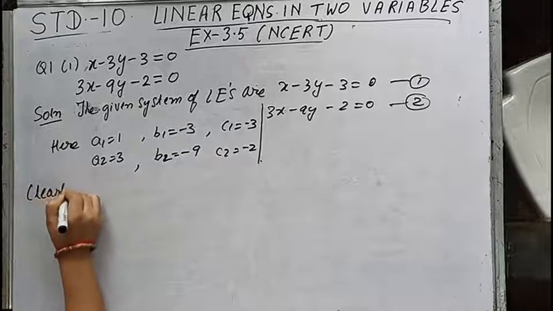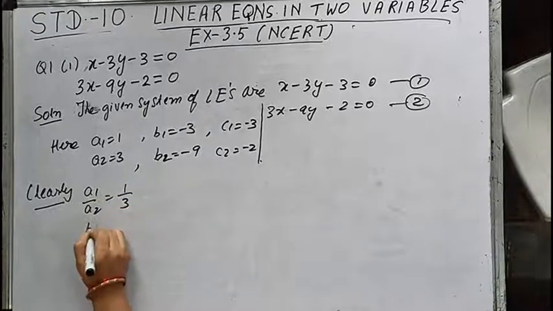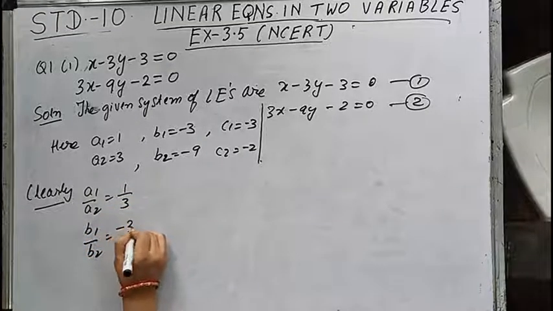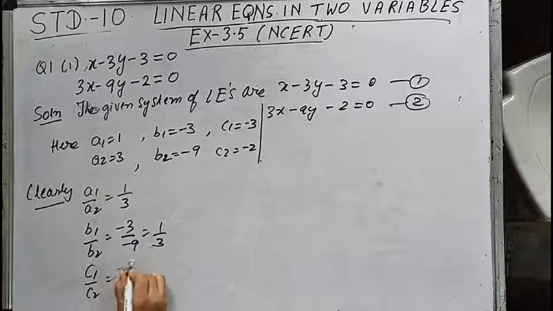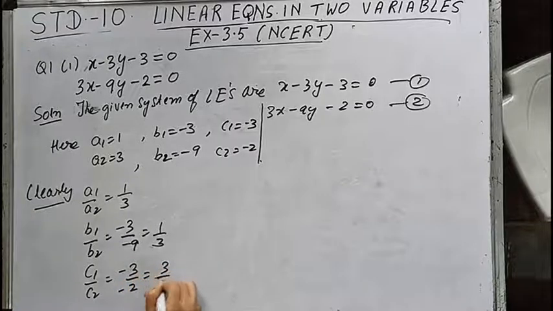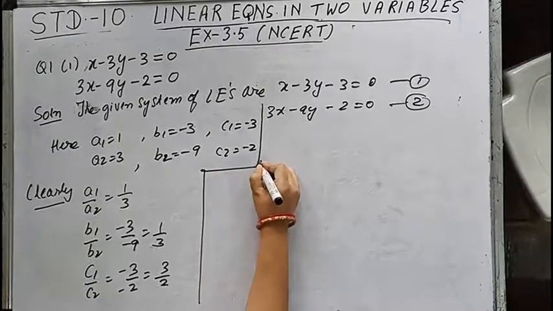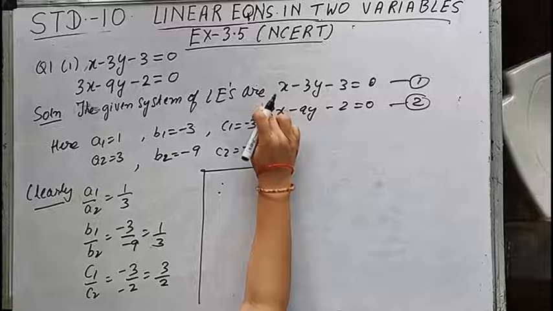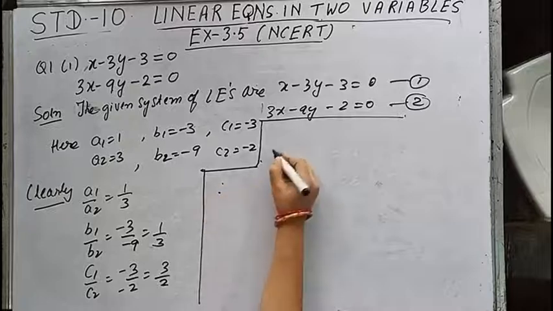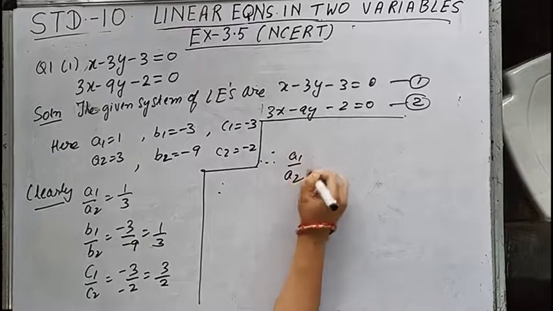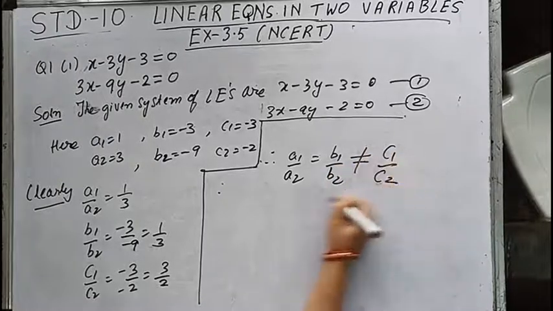Clearly a1 by a2 equals to 1 by 3, b1 by b2 equals to minus 3 by minus 9 equals to 1 by 3, and c1 by c2 equals to minus 3 by minus 2 equals to 3 by 2. Therefore, a1 by a2 equals to b1 by b2 is not equals to c1 by c2.